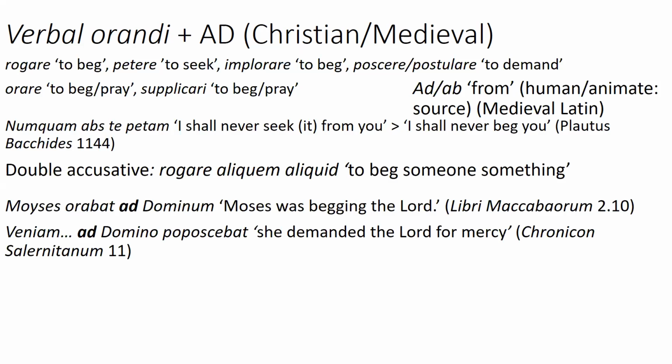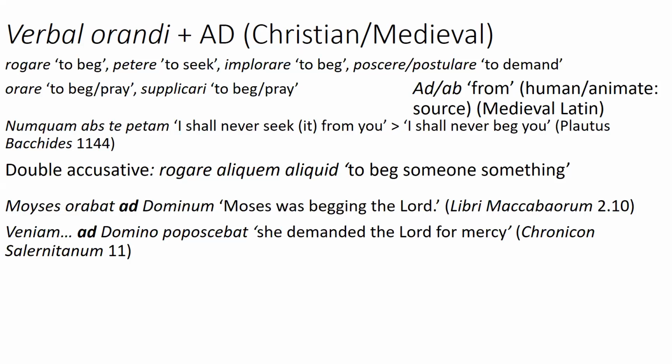So Moses says, orabat ad dominum. Moses was begging the Lord. This probably does mean beg, but within the Christian context, orare ad can often mean praying. Someone was praying to God or to the Lord Almighty, etc.